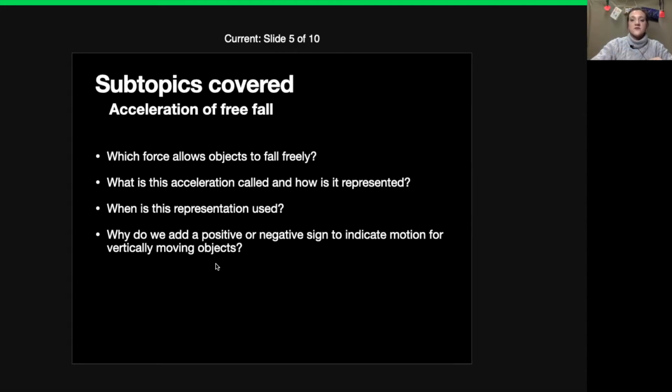A positive movement will be in whichever direction you define it, and a negative direction will be opposite to your positively indicated direction. For example, if I say downwards is positive, then I will put a plus next to downwards, and if negative is upwards, then I will put a minus in front of any vertically moving object that is moving upwards.